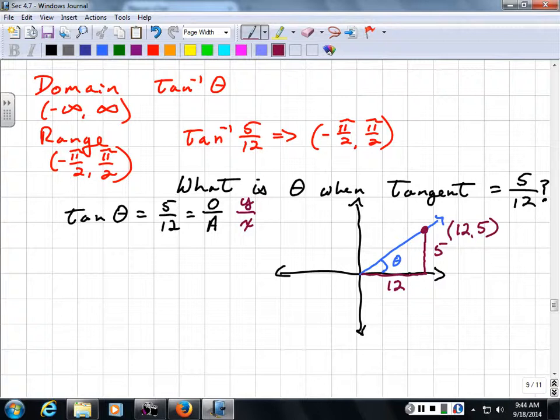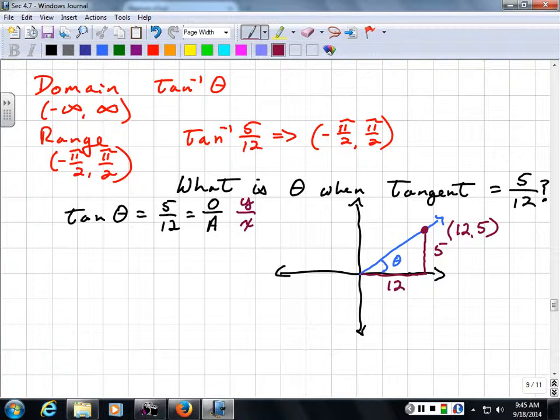Yeah, you're going to use the Pythagorean Theorem, right? But we should already know what that hypotenuse is, because if you're familiar with Pythagorean triples, you already know.